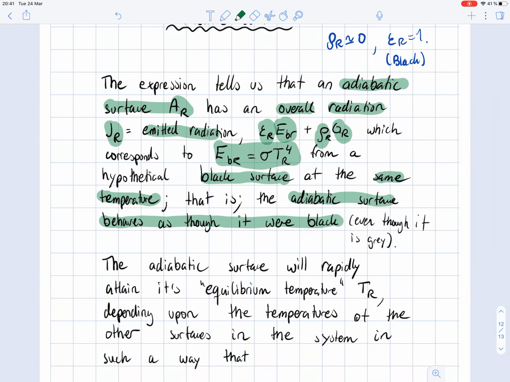So the adiabatic surface, since it doesn't absorb any net radiation, has a 0 net heat flow, and it will rapidly attain an equilibrium temperature, which we call TR, which depends upon the temperatures of the other surfaces in the system.